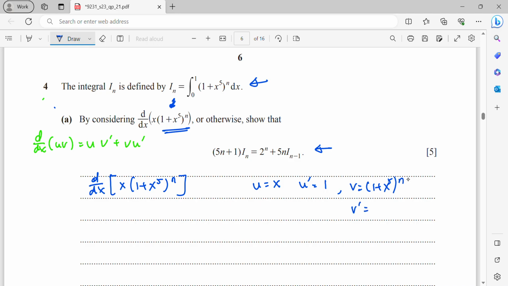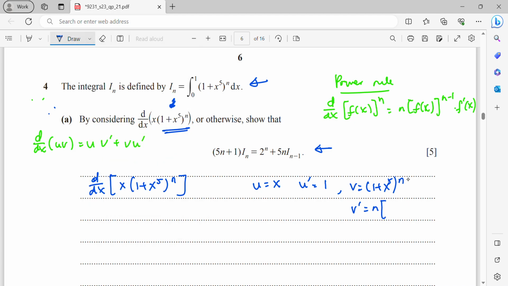So my v prime here will be applying the power rule. This is the power rule. So you differentiate f(x) to the power n: you bring down the n, remain the f(x), then the power becomes n minus 1. After that, you differentiate f(x) by using f prime x. So now first of all, I will bring down the n.